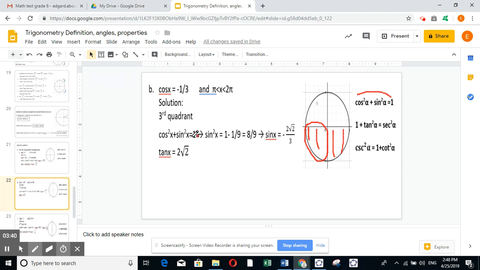Sine square is 1 minus cosine square, which is 1 minus 1 over 9, same denominator, 8 over 9. Here sine, you all know, is negative, so if you remove the square it's plus or minus radical 8 over 9. Because sine is negative, it's minus 2 radical 2 over 3. I need to find tangent. Tangent is sine over cosine. The 3 and 3 cancel out, and minus and minus cancel out, so it's 2 radical 2.